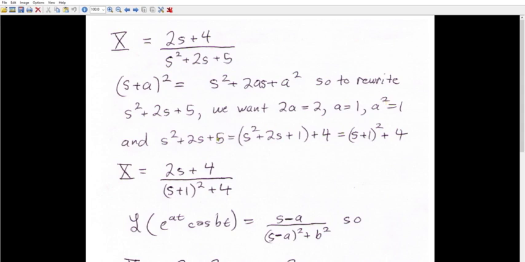And that means that s² + 2s + 1 is a perfect square. And we have 4 left over. So we can write s² + 2s + 5 as (s + 1)² + 4.